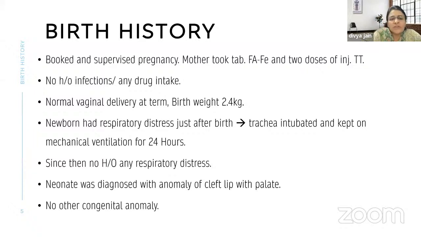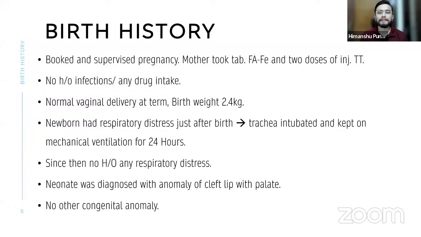Yes. So coming on to the birth history. This birth history is very important to take very precisely, because that can point towards the etiology of cleft palate. What are basically the reasons why these patients have cleft lip and palate? What is the etiology behind that? The main etiology is during the development of the lip and palate.